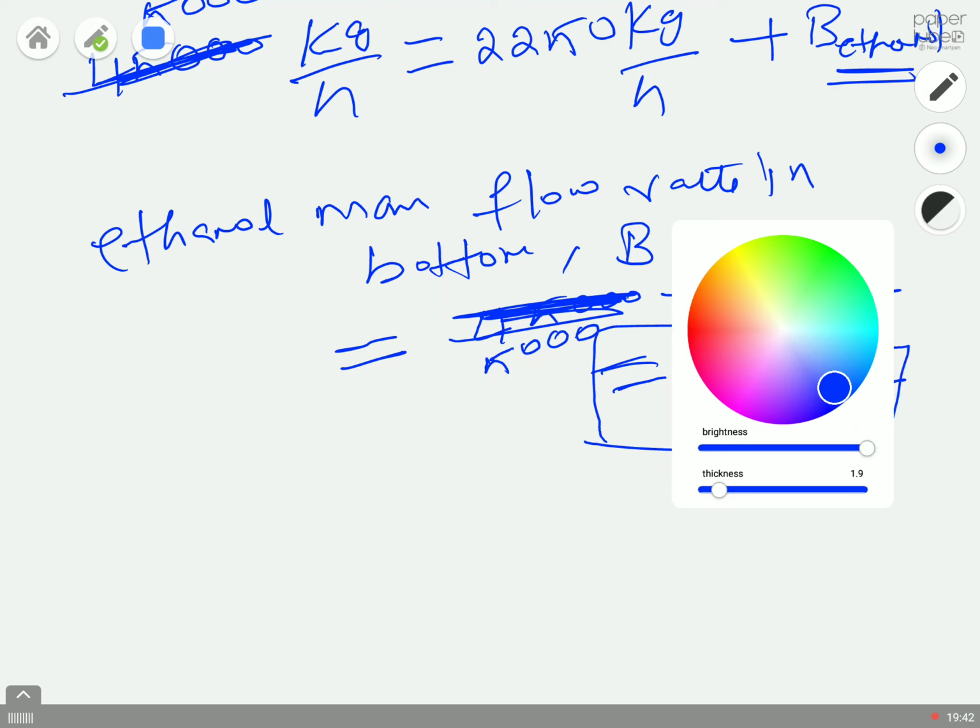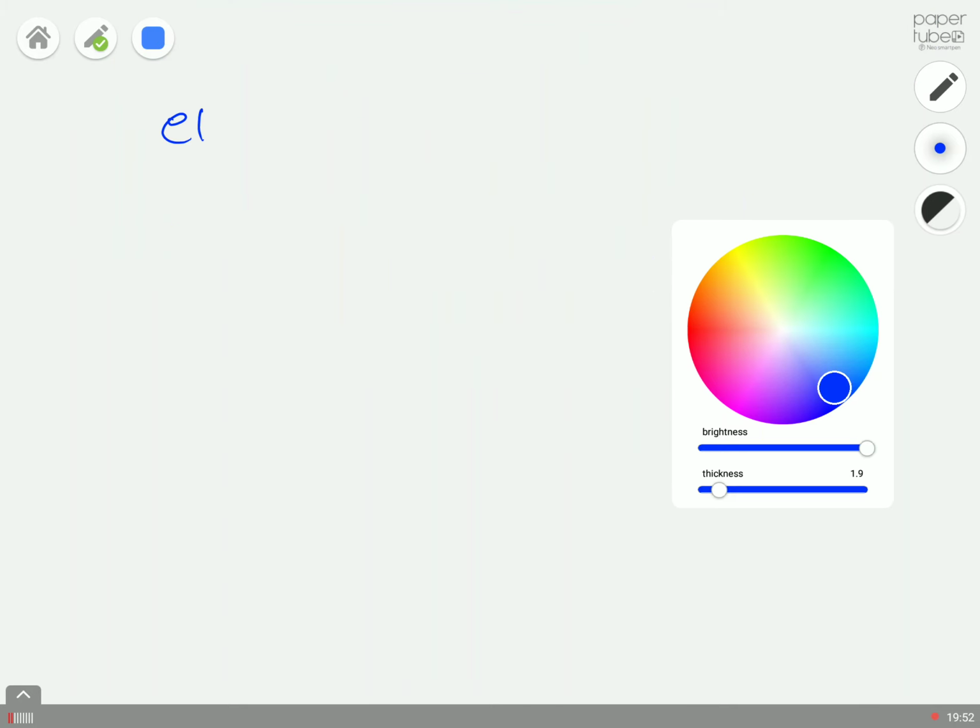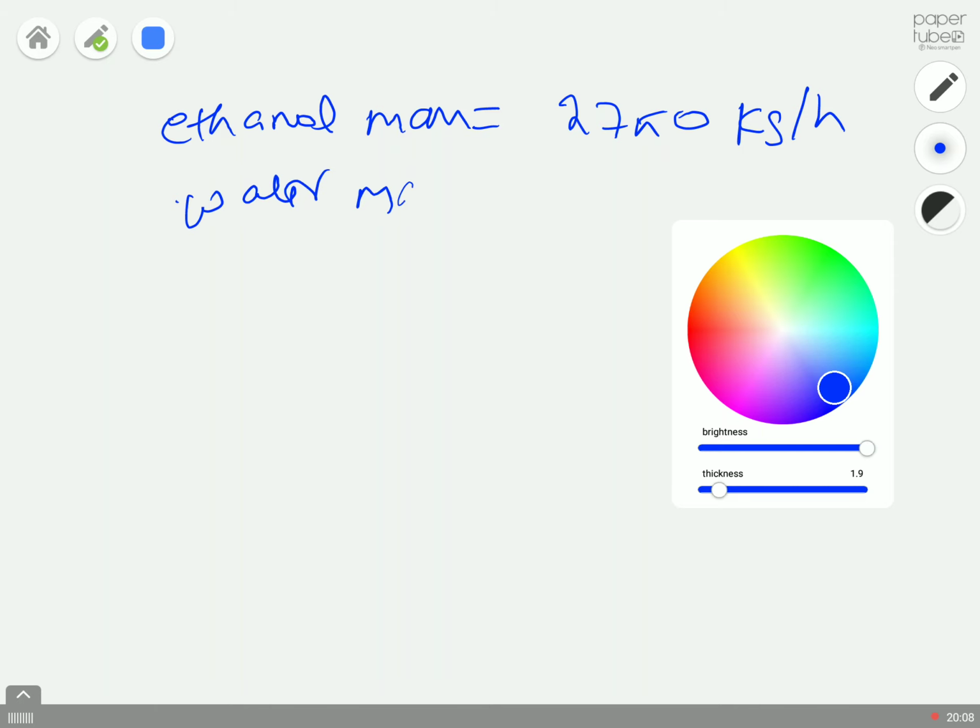And I also asked you to calculate in terms of weight percentage, the weight percentage of your individual components in the bottom. So that's very easy. You know the ethanol mass is 2750 kilograms per hour, and the mass of water is 42250 kg per hour.